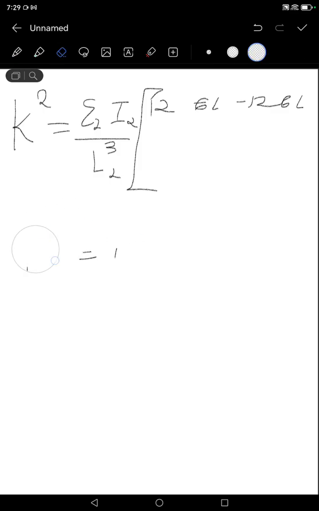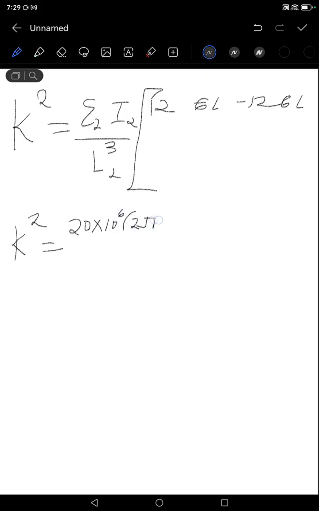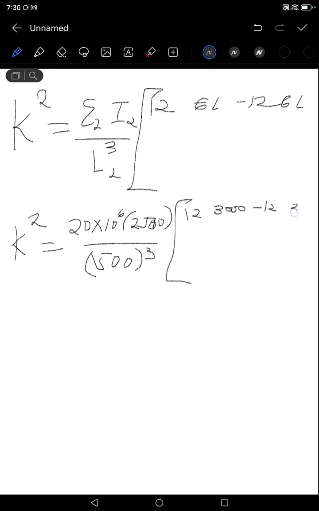So for us to get the total stiffness, K2 is gonna be the 20 times 10 to the power of 6, 2.5, and then 500 all to the power of 3 into, it's gonna be 12, 3,000, minus 12, and then 3,000.